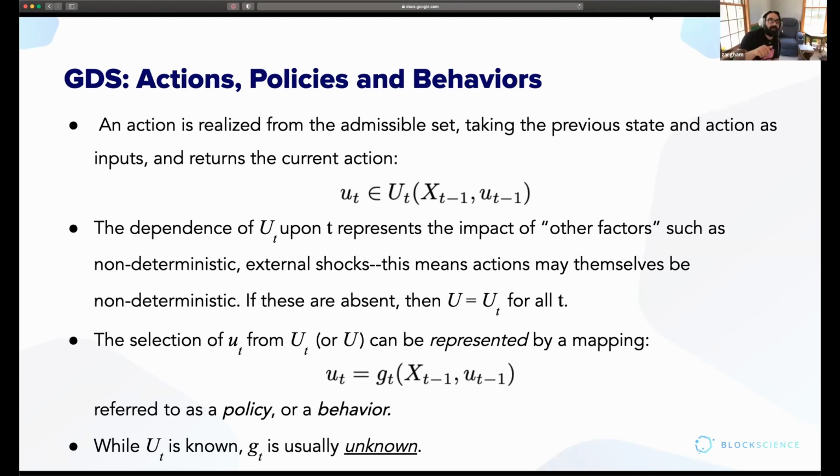I think what's tricky about this, though, is that capital U of T is a mapping from the state. You're saying the set of things that you're allowed to do is a function of the current state of the system, and it might be local. If I want to send some Bitcoin, my Bitcoin address is the actor, and I can send what I have. I can't send more.